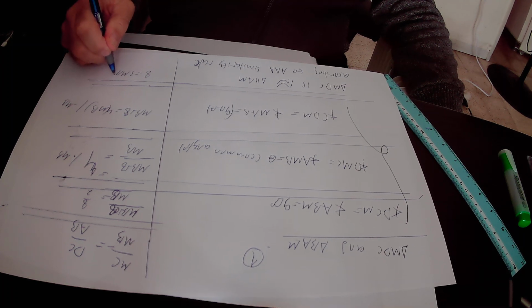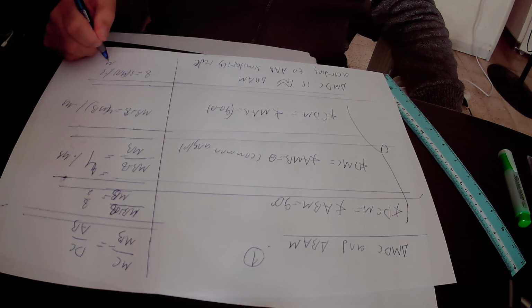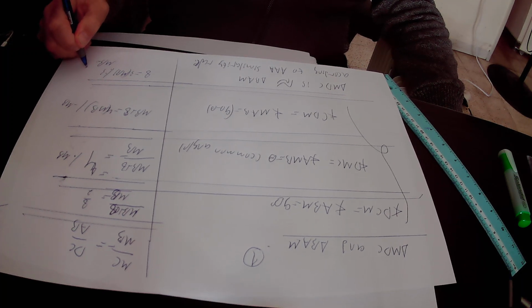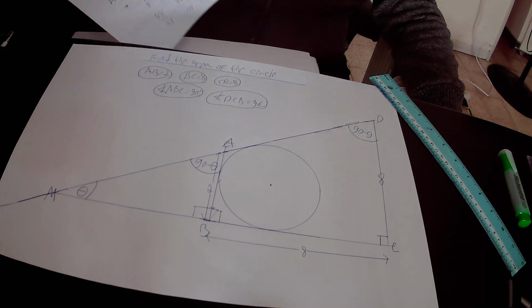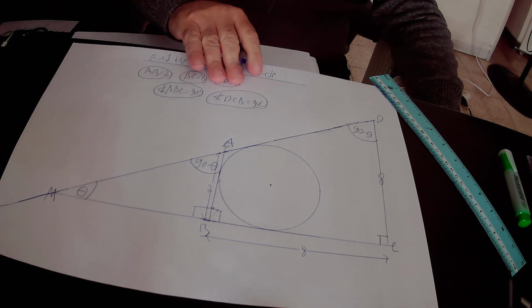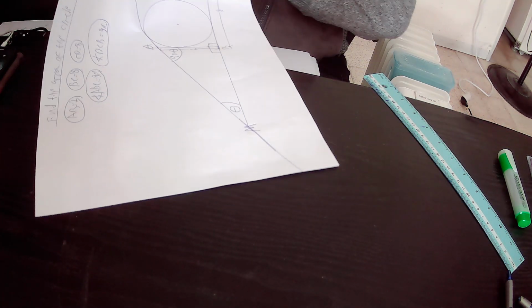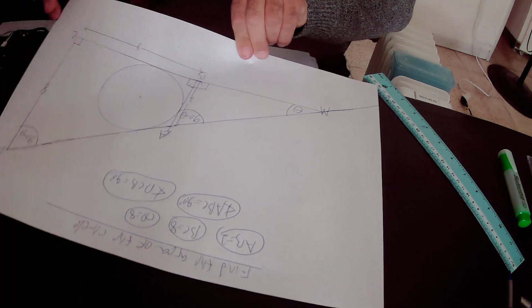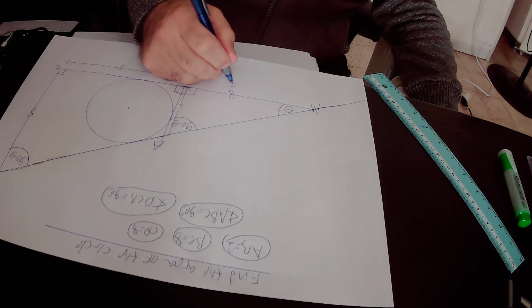We divide this equation by 3 and finally we get that MB equals 8 over 3 units. Line segment MB equals 8 over 3 units.